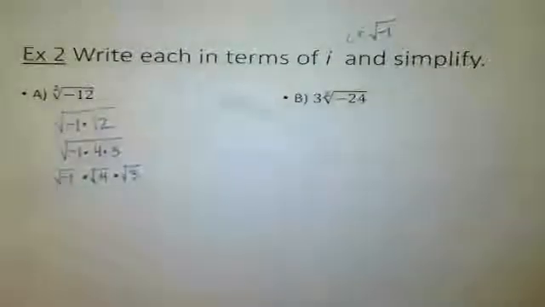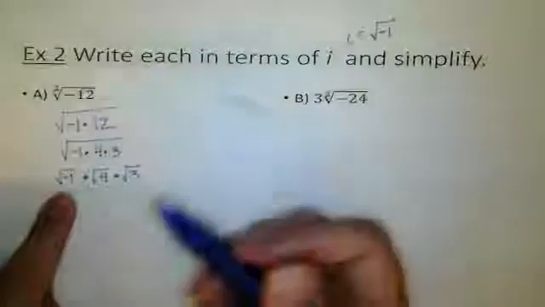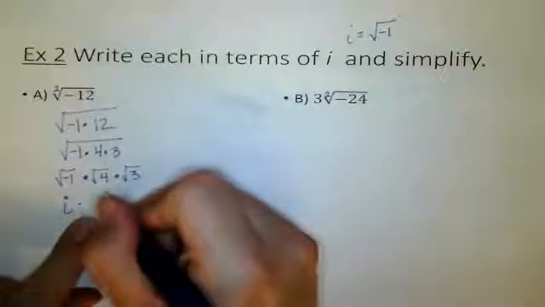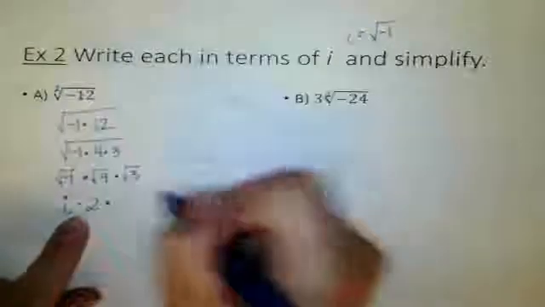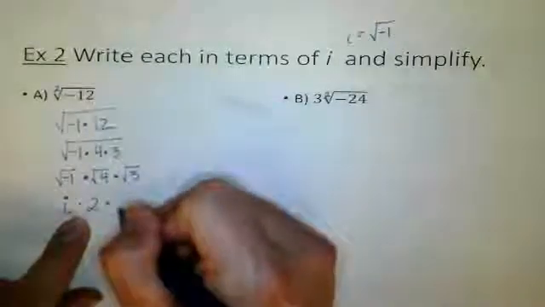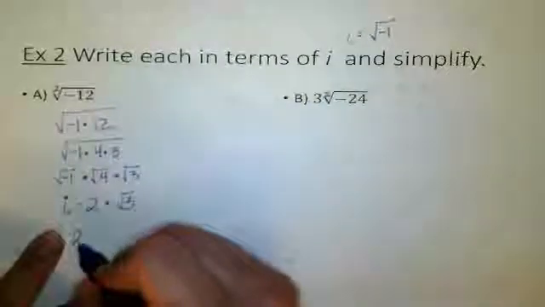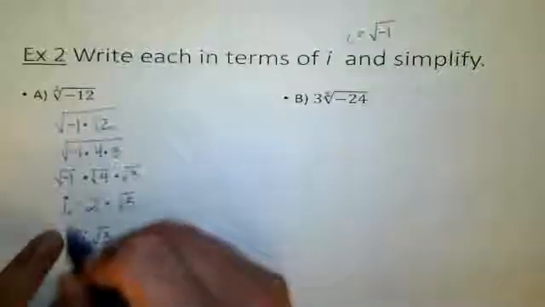I can break that giant radical up into a bunch of little radicals. What is the square root of -1? i. What is the square root of 4? 2. And can I do anything with the square root of 3? No, it stays. You could leave it like this, but usually we're going to write 2i radical 3, and that's the final answer.